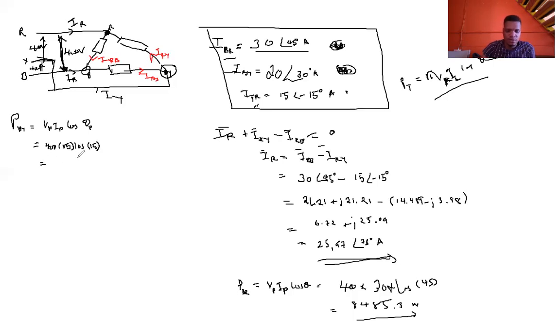So 400, I'm ignoring the negative sign. Even if I put a negative here, let me just put it. You will see that you get the same. Remember, cos is an even function. 15 times cos 15. This will give us 579.55 watts.